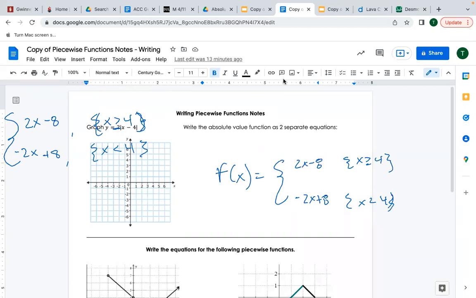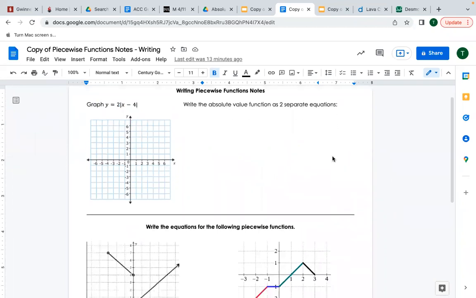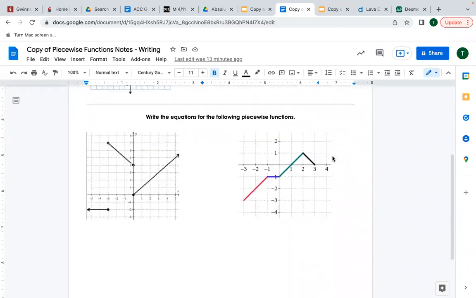All right, so go ahead and take a look at the next one. Write an equation for the following piecewise function. Notice how this is all broken up into little pieces. I want you to try to write an equation for each piece. And notice how they have dots on the end of them. That's something to keep in mind.